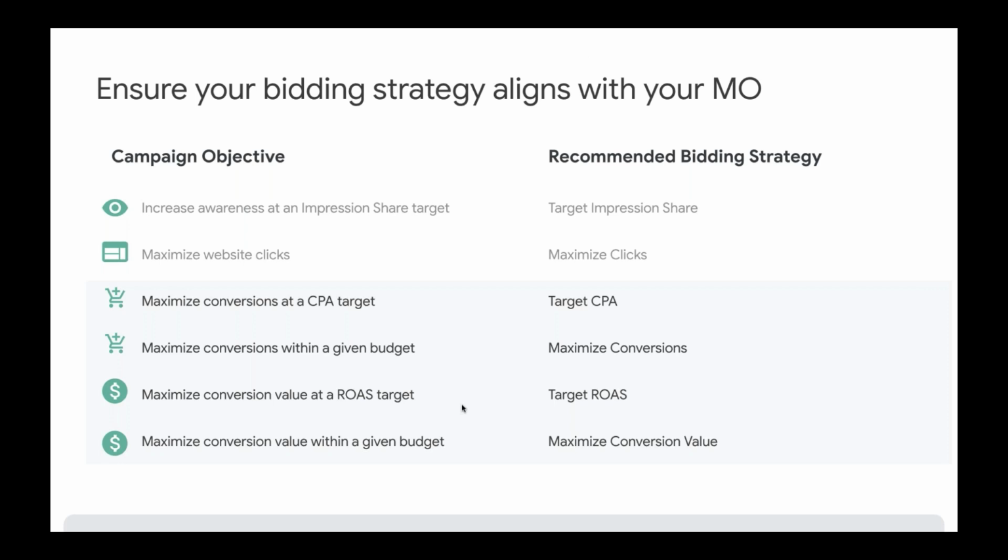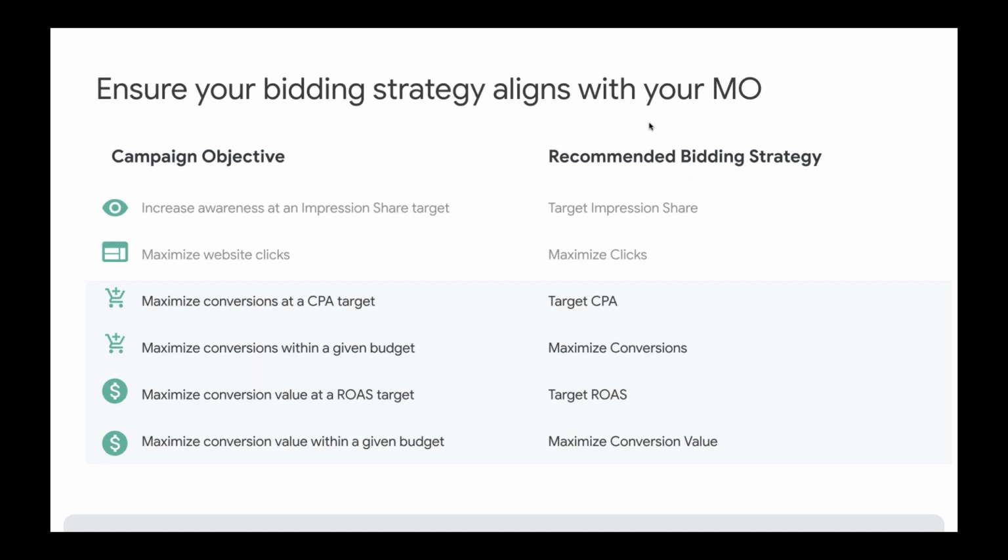If we're taking a look at breaking it down into campaign objectives first, the ones that we want you to focus on are really the four bottom ones, as these are the ones leveraging all the signals that we have and all the ML technology powering this. I would break them up into two different groups.